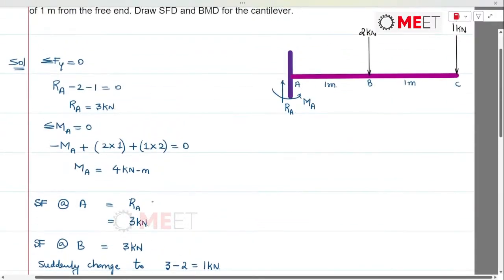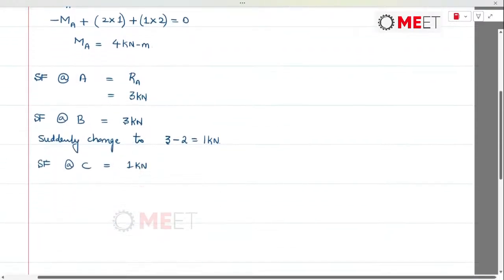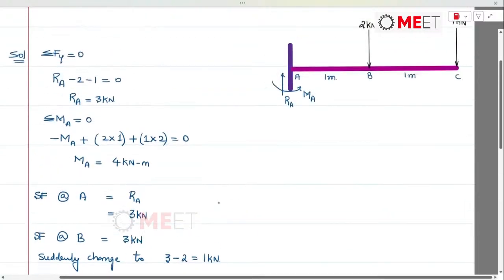At point C, there is a point load of 1 kilonewton present. Because of that, there will be once again a sudden drop, so it changes to 1 minus 1, which is equal to 0.